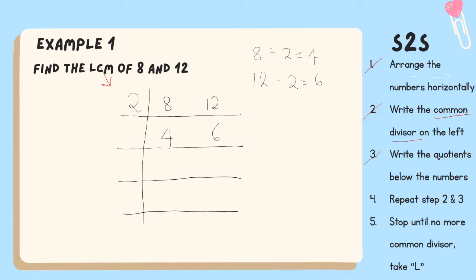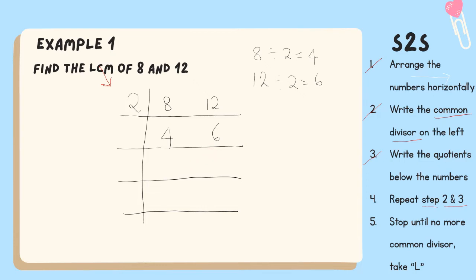Now, step 4. Repeat step 2 and 3. Now we're going to go back to step 2. So step 2, write the common divisor on the left. Same as the numbers on top. 4 and 6. What are the common number that you can divide them with? So 4 and 6, they are both even.